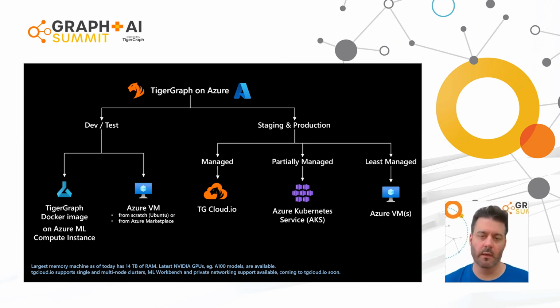So there's different reasons why you would do one or the other. You would use the TigerGraph cloud mostly if you want to consume a service which is managed. So if you just cannot manage the stuff on your own, then TG Cloud would be a good idea to use.